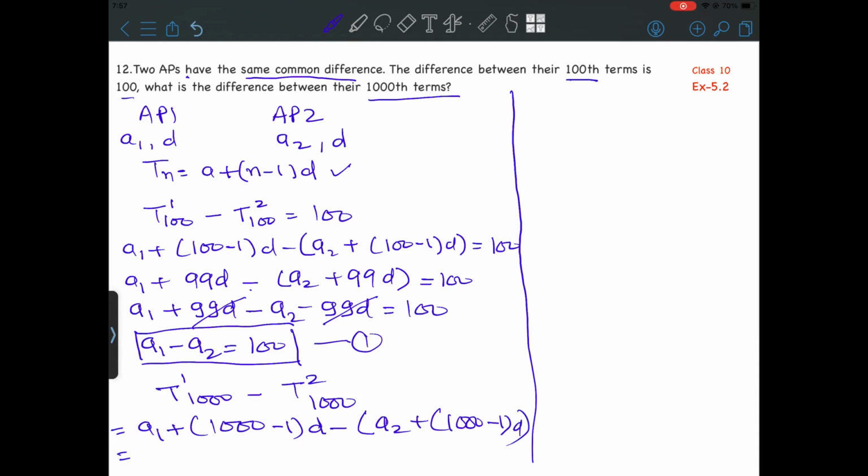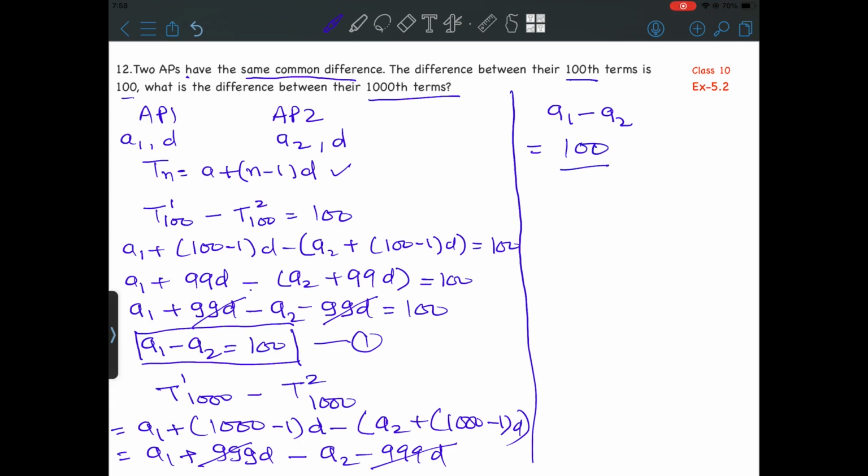Then when you open this, A1 plus 999D minus, once you open this bracket, it gives you A2 minus 999D. Now you can again see both these terms can be cancelled because they are the same, but they are in minus and plus signs. So ultimately, we got A1 minus A2, and if you notice, the value of this we already got is 100. So the difference will be 100. This is your answer for this question.